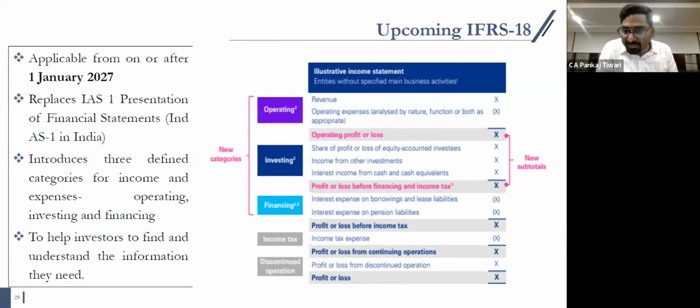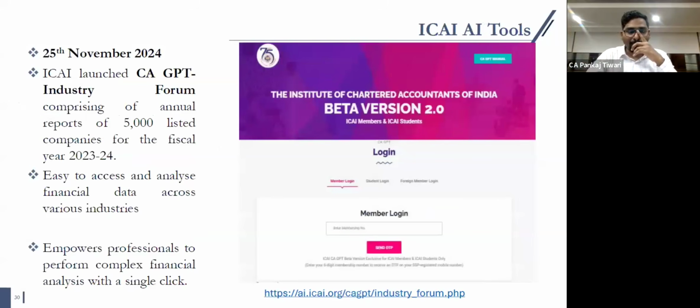Then you will have financing activity, which is mainly the interest expense on borrowing and lease liability and interest expense on pension liability. So this is the whole project going on internationally, applicable from 1st January 2027, where your profit and loss account will appear like this, which will benefit everybody from a reader perspective. A one-time income which gets included as part of your profit or loss account can be easily identified.